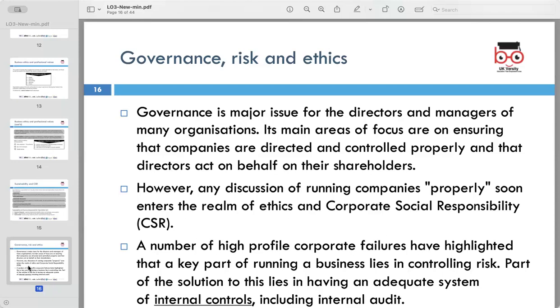Notably, high-profile corporate failures underscored the importance of risk management in business operations. Effective risk control involves establishing robust internal controls, including an internal audit system, to mitigate risk and safeguard organizational integrity.